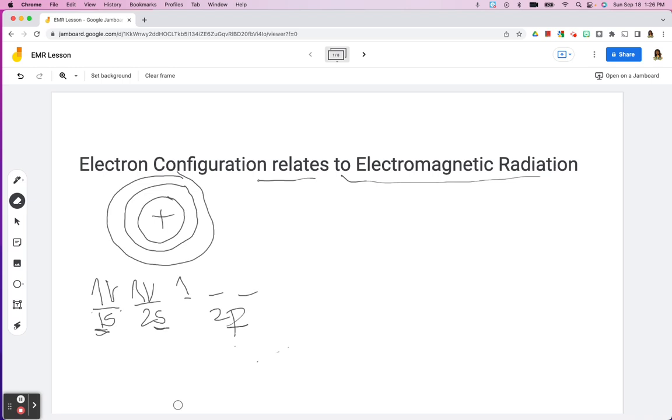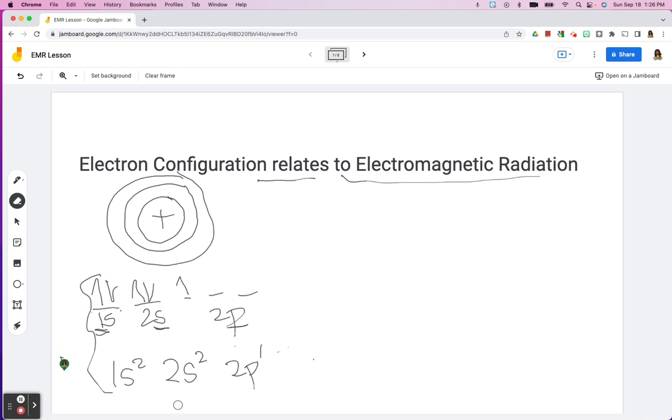The other type of configuration we study is electron configuration, where you replace the arrows with superscript numbers to indicate the number of electrons. So, again, these two configurations are more detailed.